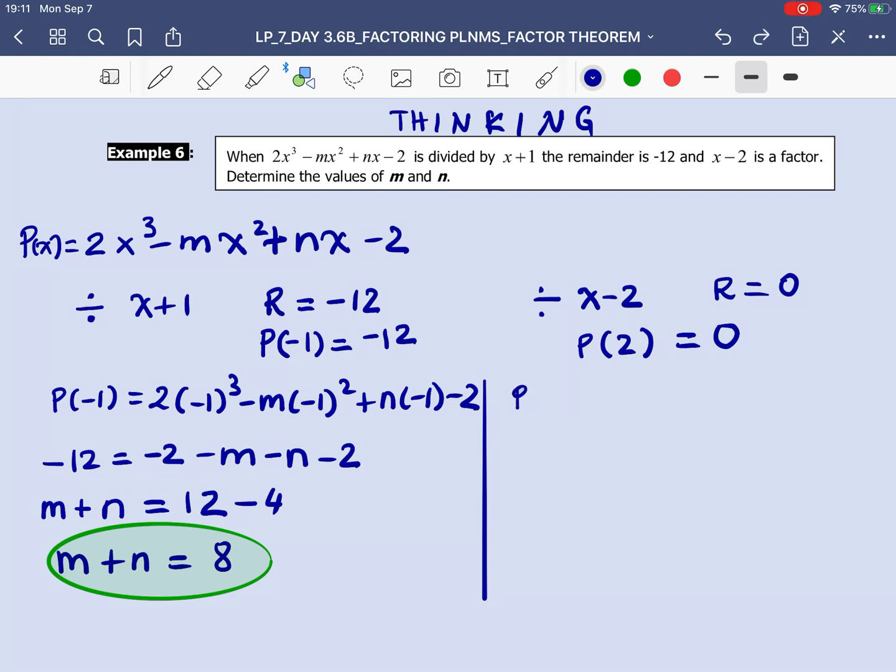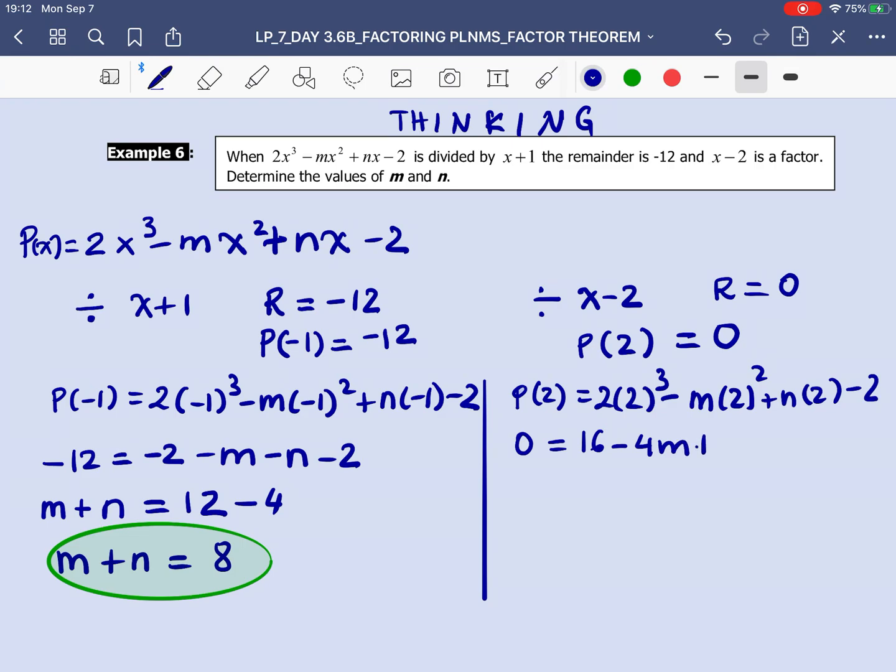The next one is P of 2 equals 0, which means P at 2 is 2 times 2 to the power of 3 minus m times 2 squared plus n times 2 and then minus 2. So 0 equals 16 minus 4m plus 2n minus 2.